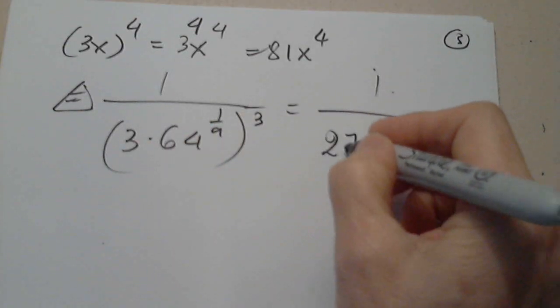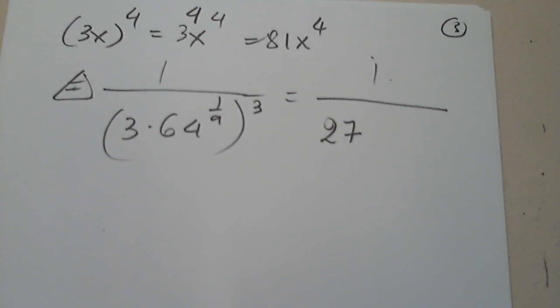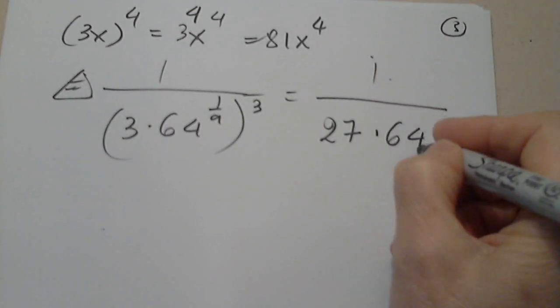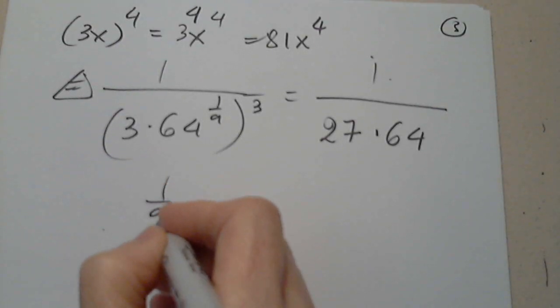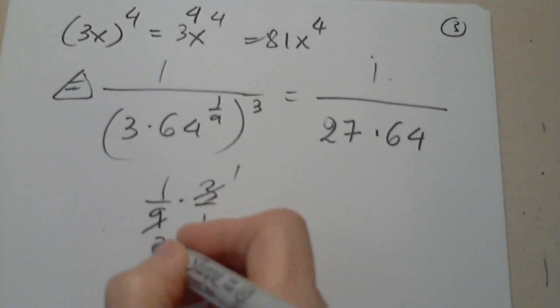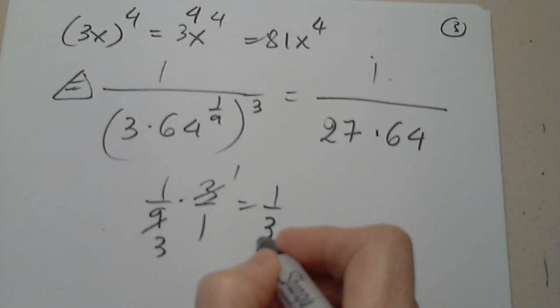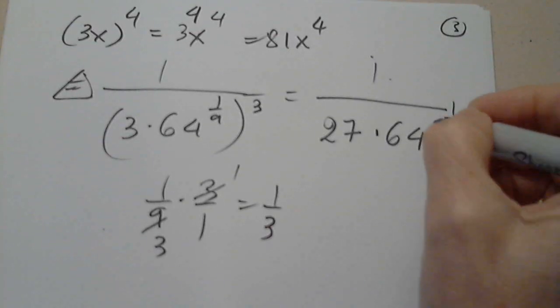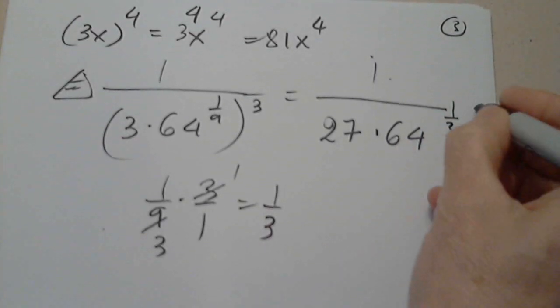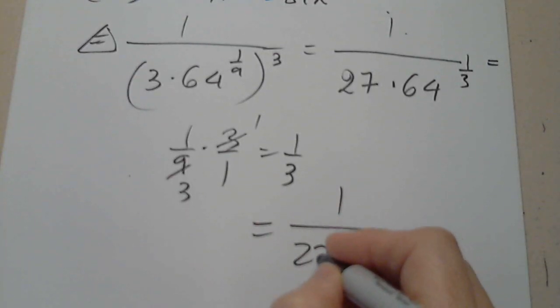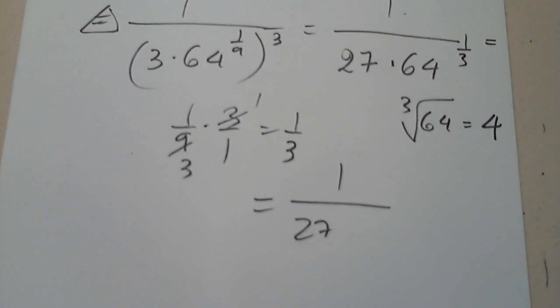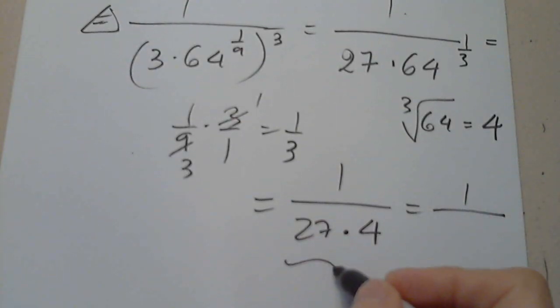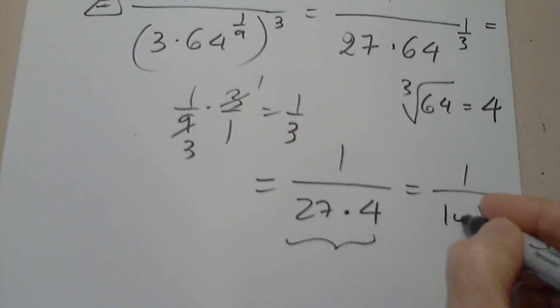You can write 27 or just write 3 to the 3rd first. Copy the base. Now the rule states to multiply the exponents. 1 over 9 times 3 over 1. We never multiply if we can simplify first. So this is power 1/3 on the 64. But this is the cube root. And I know the cube root of 64, you can calculate it, it's 4. Or you can use the calculator. So all I have to do is write 1 over and multiply these two. 108.